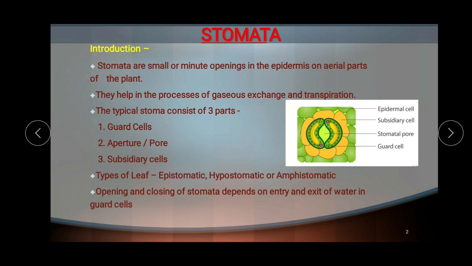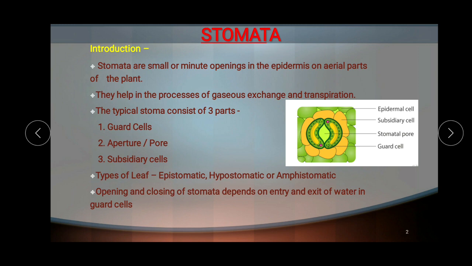Then in the center, there is the aperture or the pore, and the cells which are surrounding these guard cells are called the subsidiary cells, or they are also called the accessory cells. So these three parts constitute the typical structure of stoma.